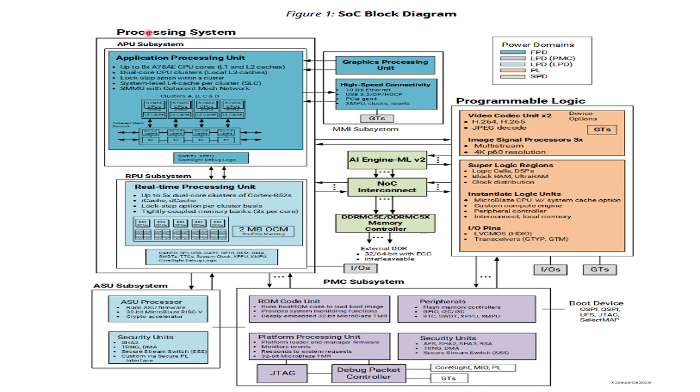Anyway, let's recapitulate with we have processing system block, which is first block that we mentioned, and inside of it should be eight A78 ARM cores, CPU cores with here is said L1 and L2 caches.